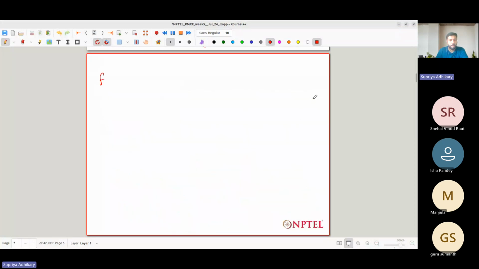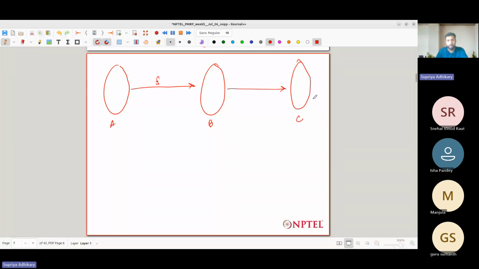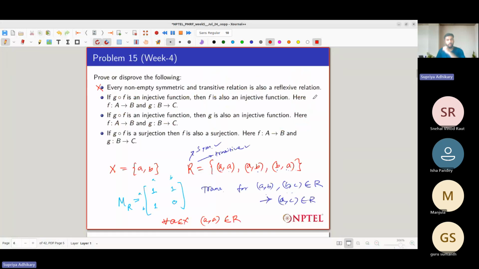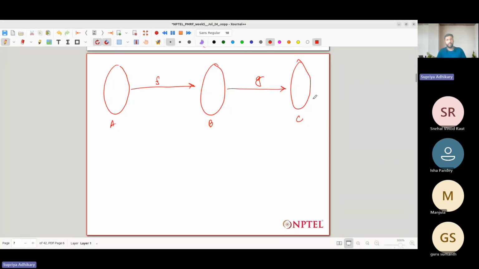So there are three sets A, B, and C. From A to B we have the mapping f, and from B to C we have the mapping g. So now the question is that if g of f, or basically g composition f, is an injective function, then we have to prove that f is also an injective function, or we have to disprove that.